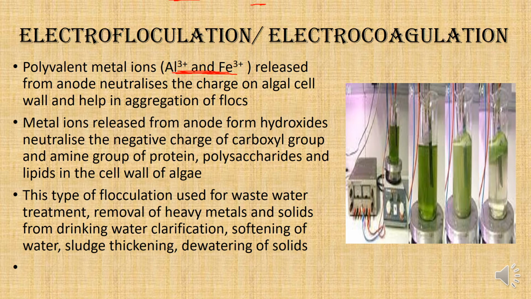But in electroflocculation, the anode is made up of polyvalent metals, that is aluminium and iron. And when electricity passes, this anode is oxidized, and the metallic ions are released in the solution. Once released, they neutralize the algal cell and coat it and help in flocculation.